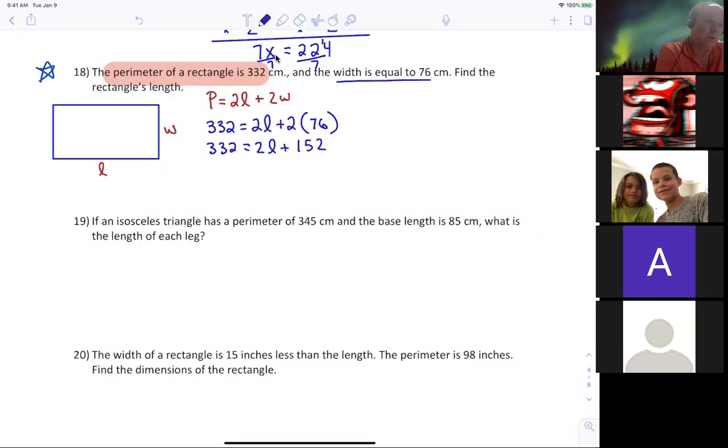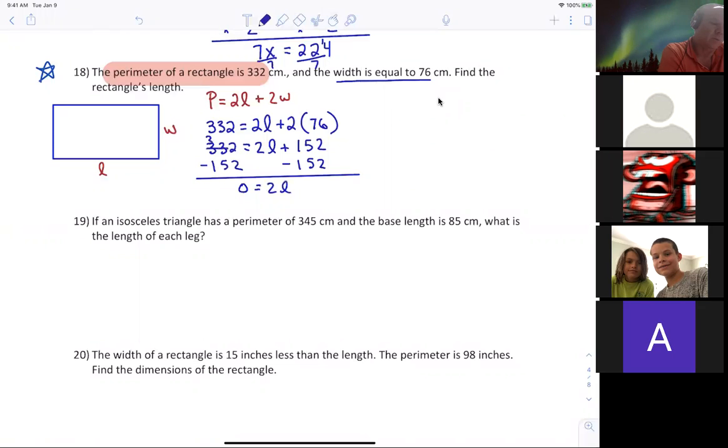And now we're going to do what? Subtract 152. And now 2L is equal to 0, borrow, right?